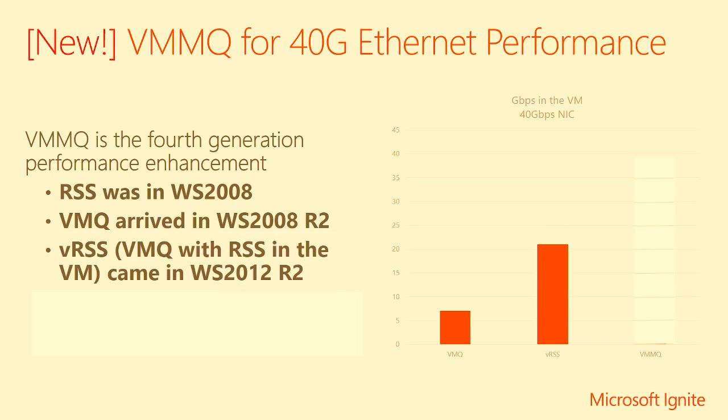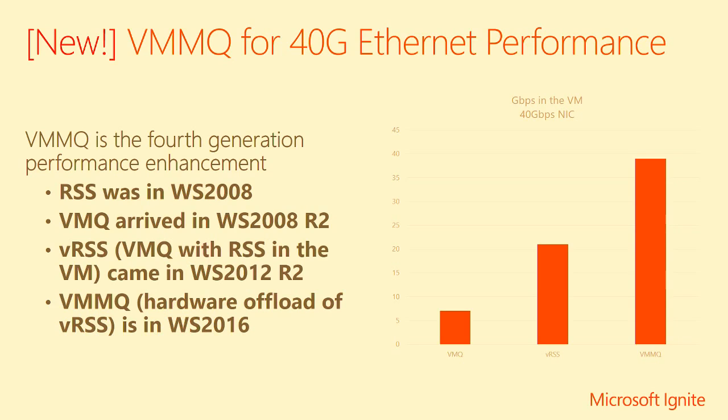And in Server 2012 R2, we introduced the VRSS for the VMs inside the virtualized environment, and it was able to scale up to 21 gigs. Now, we are able to hardware offload the VRSS, and so we can reach up to 40 gigs of throughput.